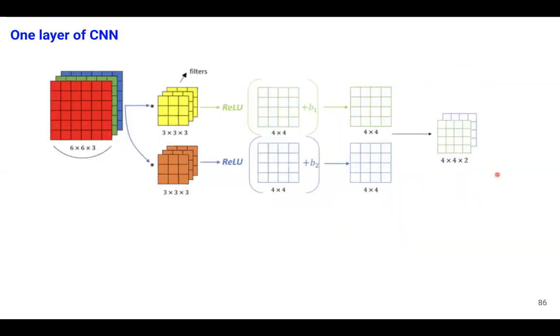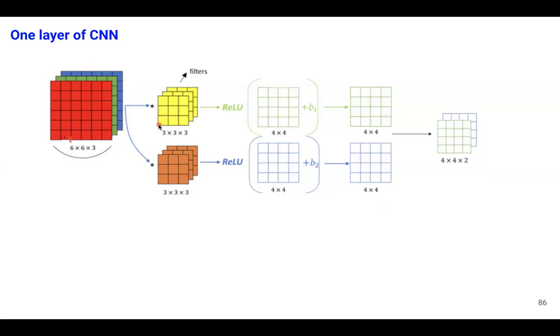Now that we have discussed most of the building blocks of a convolutional neural network, we can slowly try to build one layer of a CNN, and that would roughly look like this. We have a 6 by 6 by 3 input image, which is a colored picture.